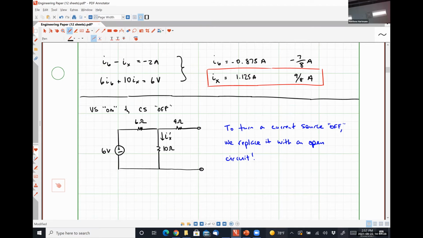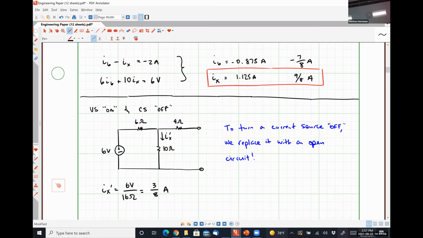Yeah, so 6 volts divided by 16 ohms should be Ix prime. So that should look like 3/8 of an amp, effectively by inspection. Everybody okay with that?